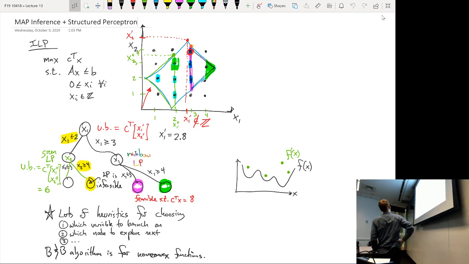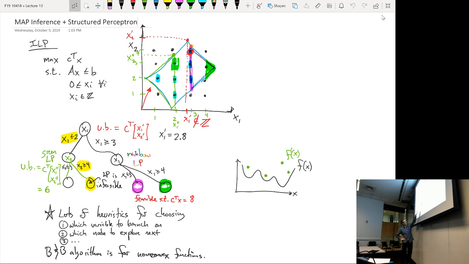Okay. So what is this upper bound telling us? This upper bound is saying the best that you can possibly do, subject to the constraint that x1 is less than or equal to 2, is an objective score of 6. So any solution you find in this subtree will not have a score higher than 6.